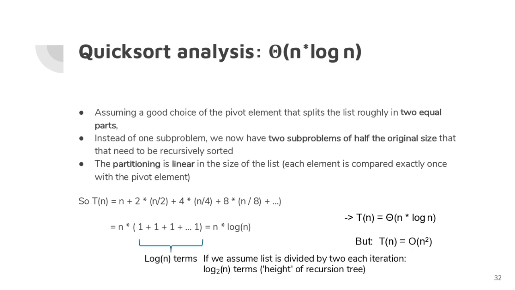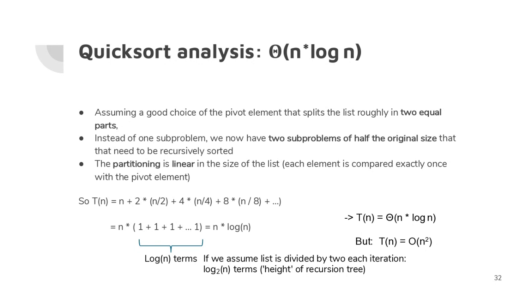And so if you look at the function t, the first time you're going to partition the whole list, so it will take n comparisons. And then the second term, now we have 2 lists, and each are roughly half of the original size. So we're going to do 2 times n divided by 2 operations for partitioning the sublists.